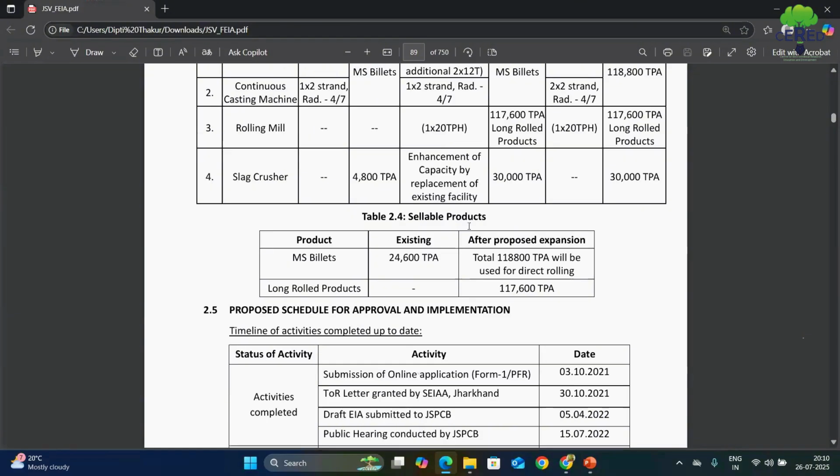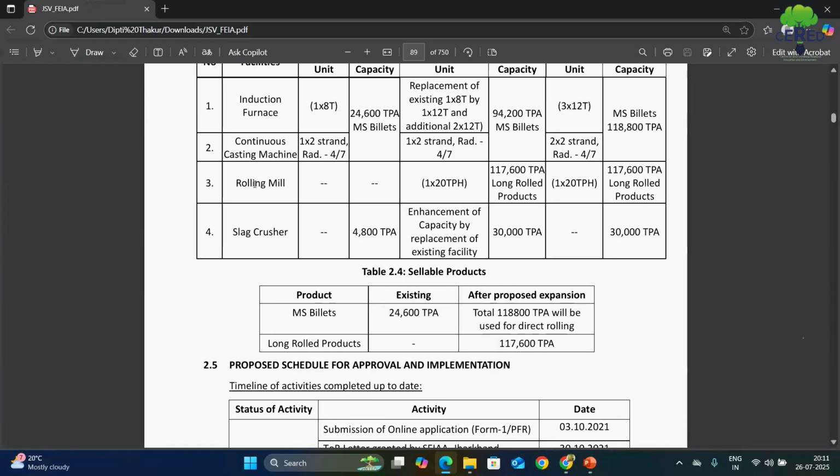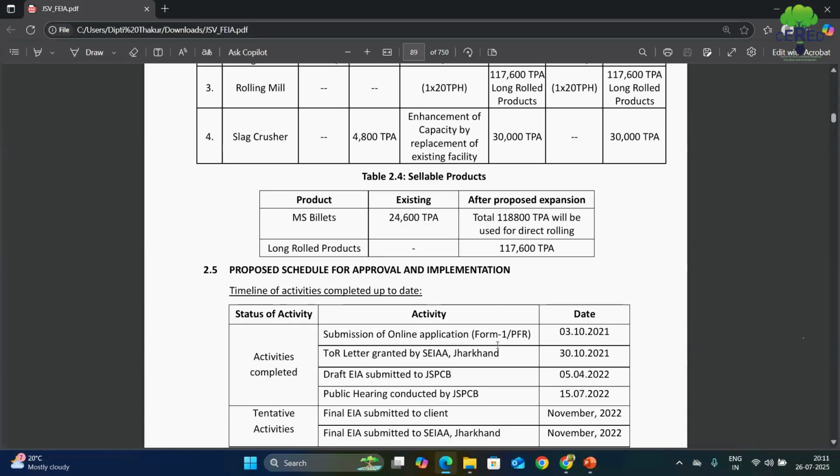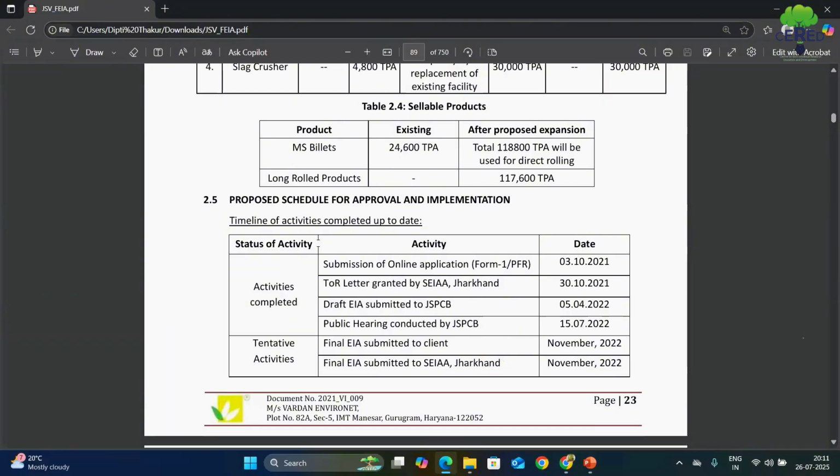So sellable product is MS billet and rolled product. That is the rolled product we got from the rolling mill, and from the induction furnace and CCM, MS billet total 1,18,000 and the long rolled product is 1,17,600 TPA.